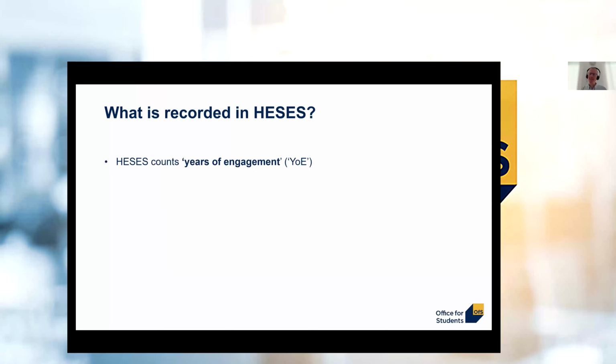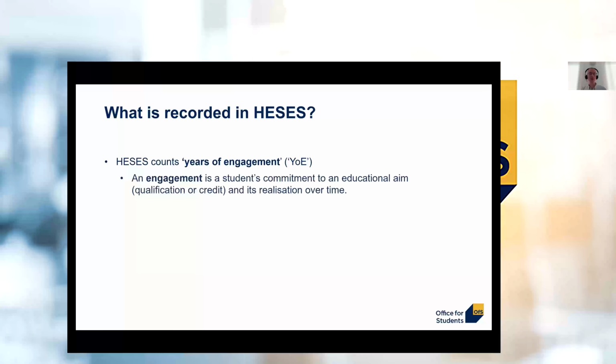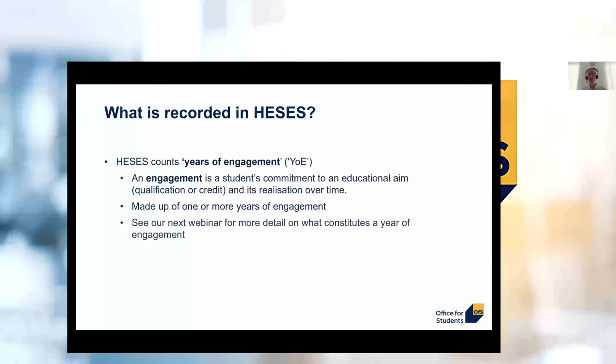This in turn kind of begs the question, what do we mean by an engagement? Well, an engagement is a student's commitment to an educational aim, be that a qualification or credit, and its realization over time. And so an engagement is made up of one or more years of engagement. Our next webinar will go into more detail on how we define and count years of engagement.